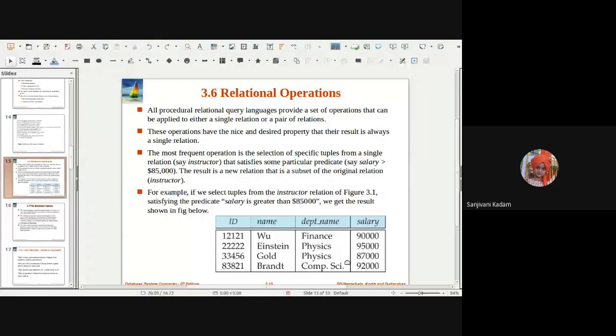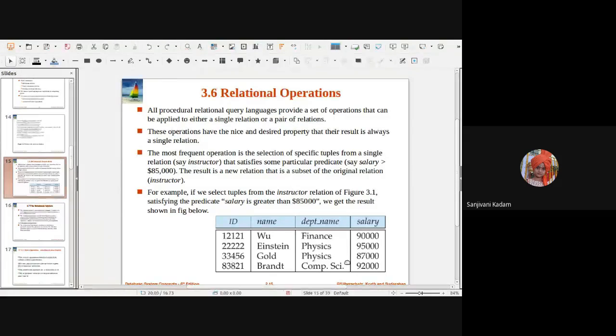If salary is an integer, I cannot compare it with alphabets. Likewise, for name, I cannot check whether name is greater than 90 or 65. That condition we cannot apply. Whatever operation we apply should be type compatible with the given type.